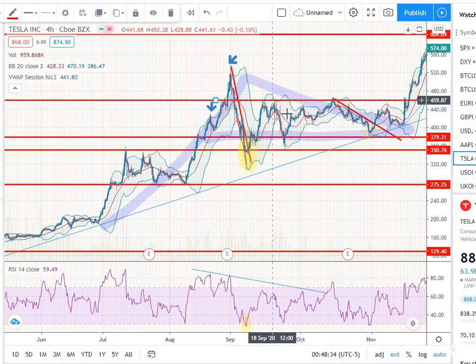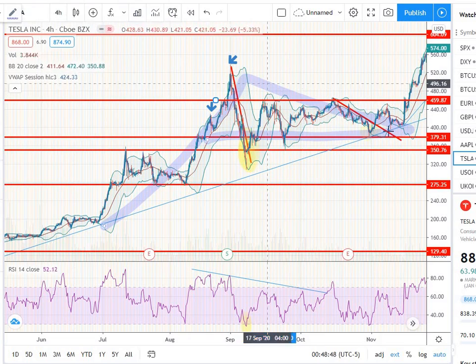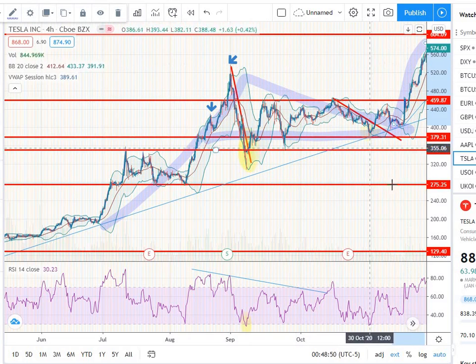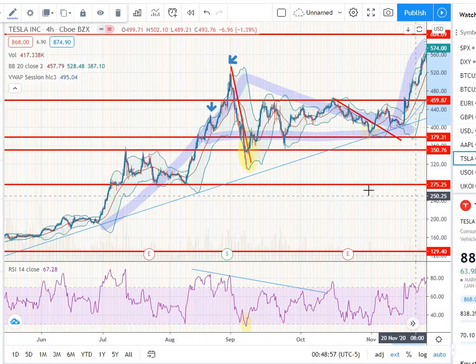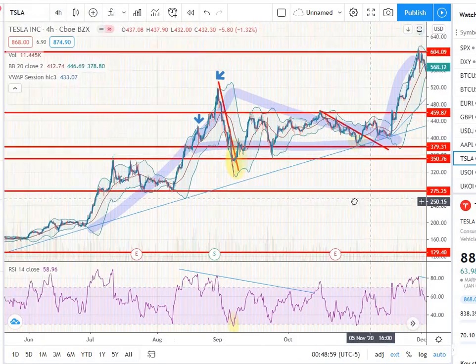If you had entered the market at this point, or at this point where it actually completed the flag and did a breakout, you can see this as a breakout. It went the other way. If you compare it to the chart that I showed you previously, it's a perfect match. Now I'm just showing you as an example, but look at this. Beautiful. This came right here.